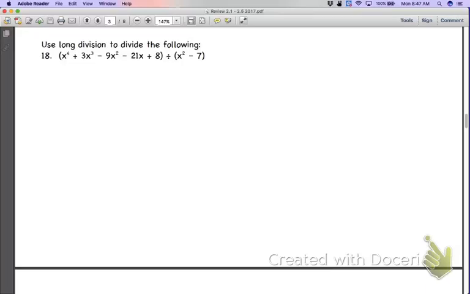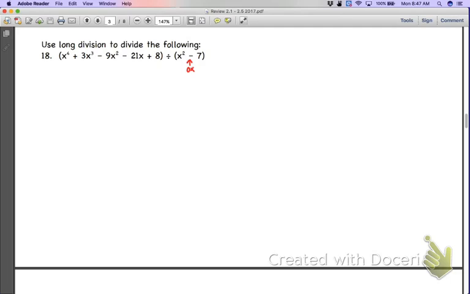Now, biggest thing with 18 is making sure that you don't forget that there is a 0x in here.